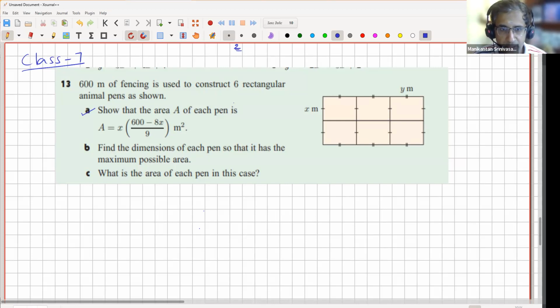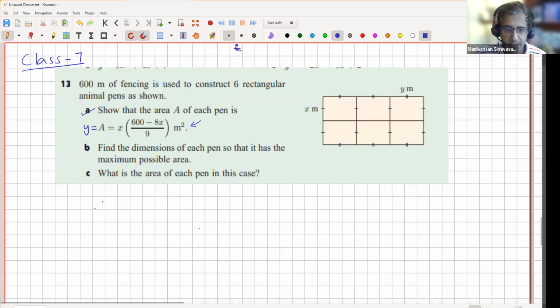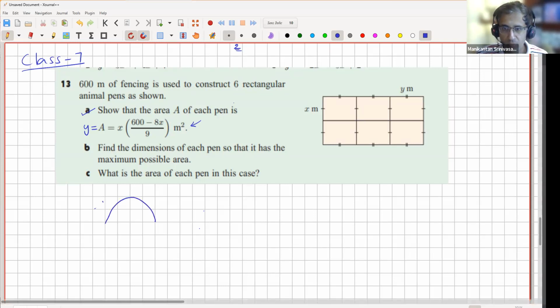Find the dimensions of each pen so that it has the maximum possible area. So we must maximize this, correct? Let's say this is your Y or even A, whatever you want to call it. Later we'll study calculus, which helps in maximizing. But in a simple quadratic like this, we know that it's a downward going quadratic.